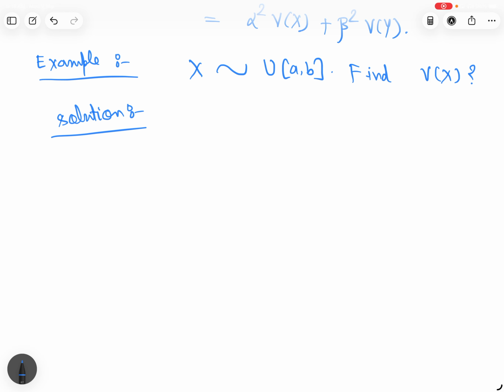Because X is a uniform distribution, what will be its probability distribution?